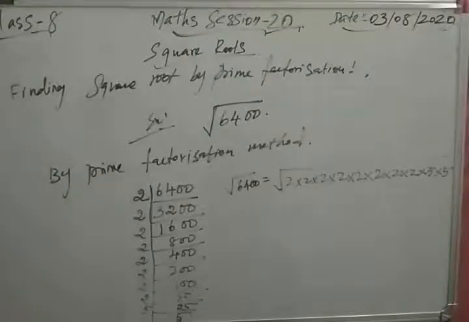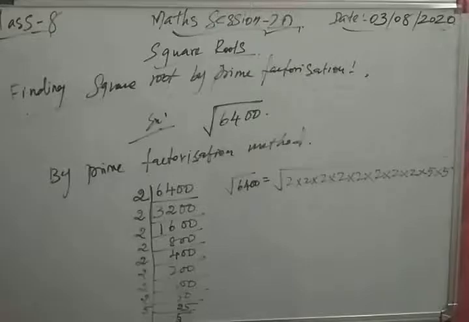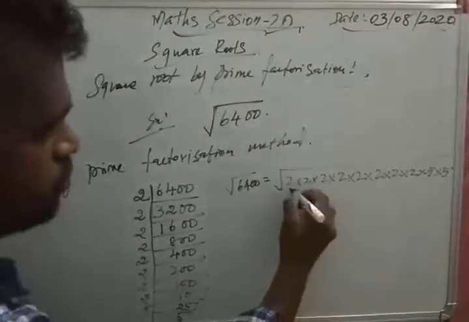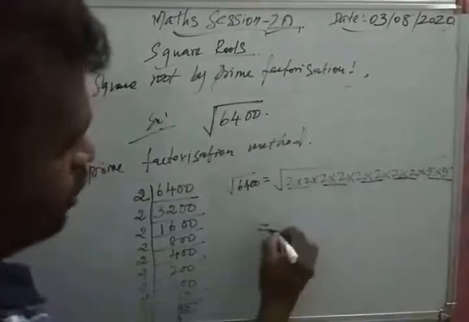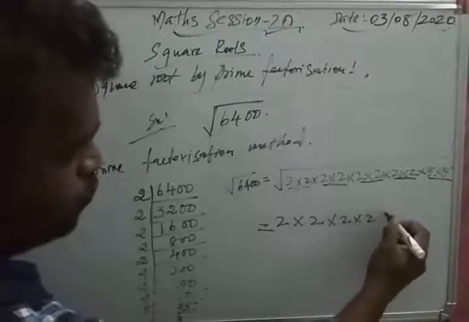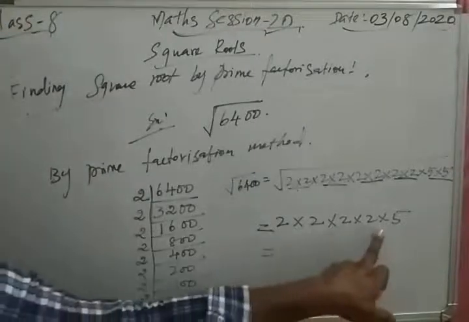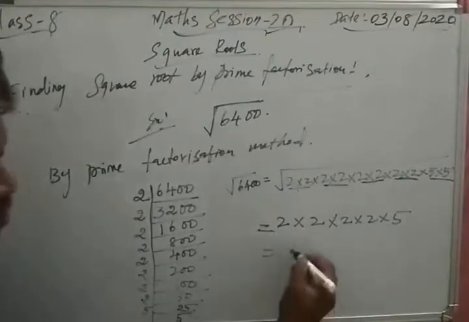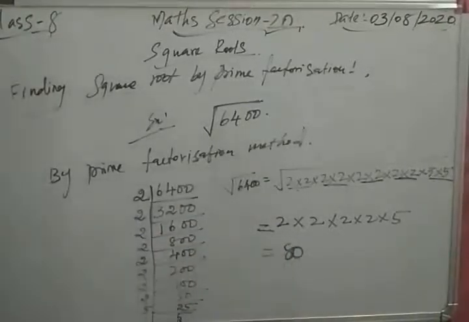But for a square root, each two equal values, we take one value outside. So 2, 2, 2, 2 come out, and 5. 2 into 5: 2 2s are 4, 4 2s are 8, 8 2s are 16, 16 into 5 is 80. So the square root of 6,400 is 80.